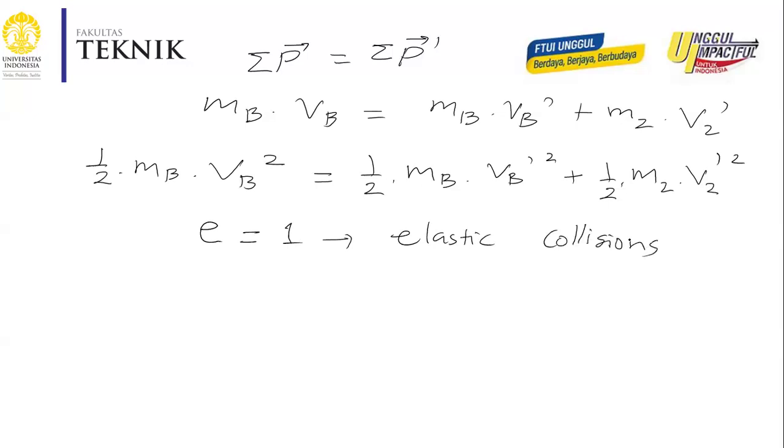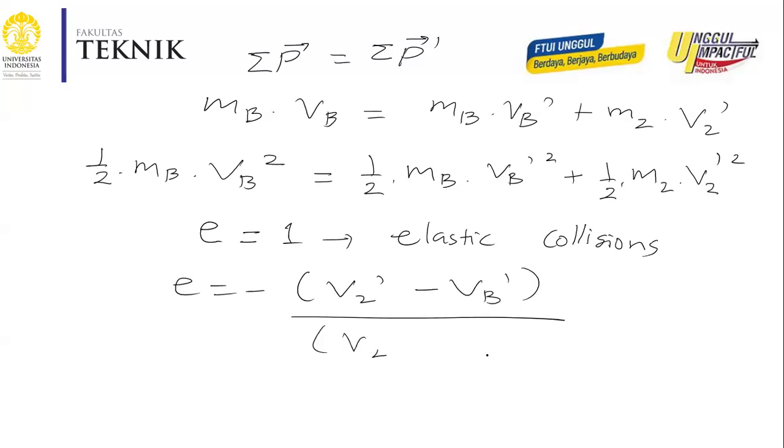Okay. So the restitution coefficient, it means that minus V2 prime minus VB prime divided to V2 minus VB. We know that the initial velocity of block is equal to 0. Because the block, the initial condition is in the rest.